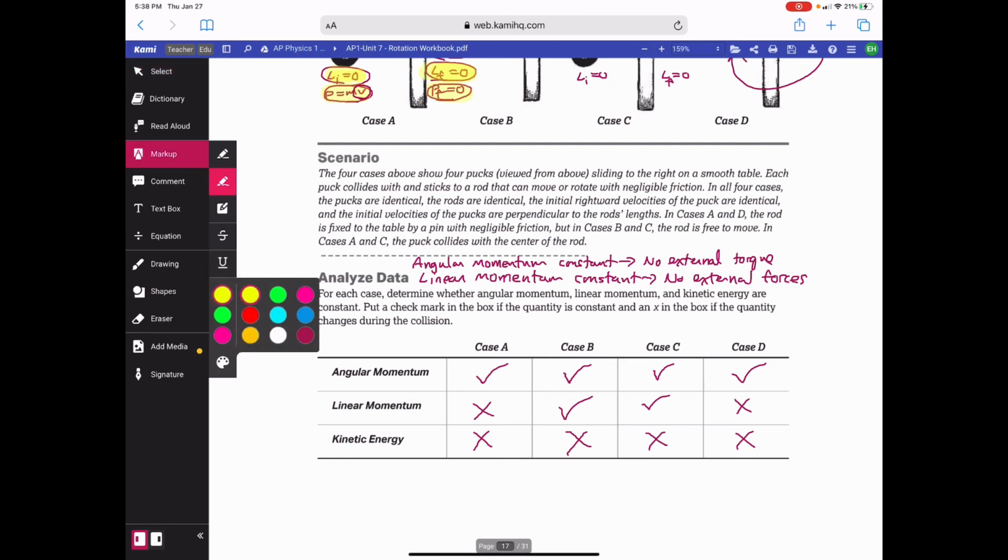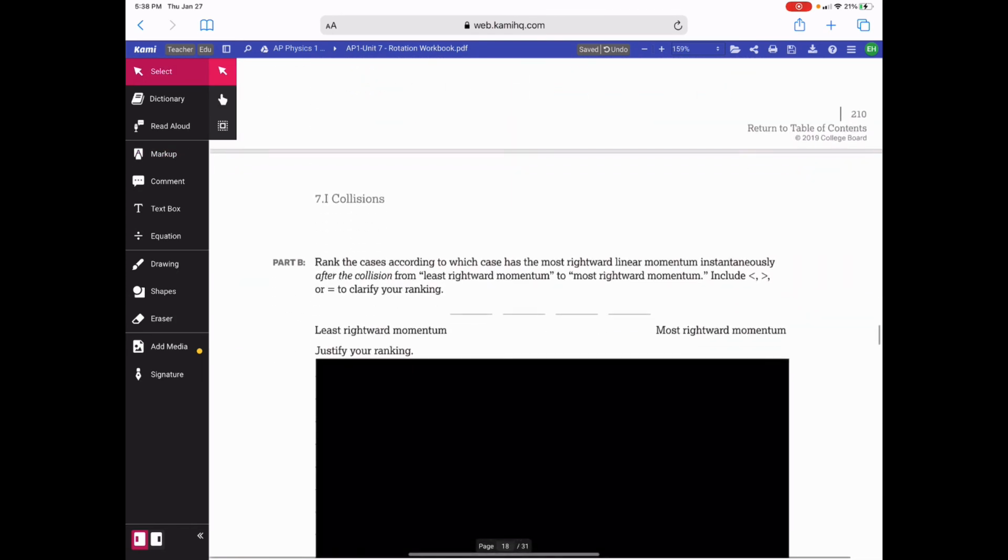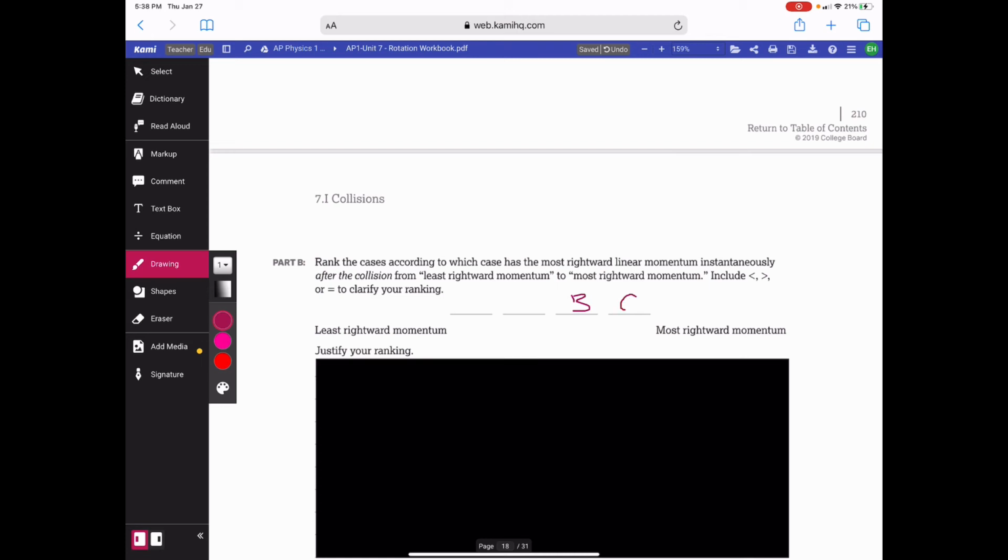So I'm going to start there. B and C have the most. Remember, you're ranking from least to greatest, right? So I'm going to put B and C here at the end. They have the most, and they both have the same. Therefore, I'm going to set them equal. Now, what has the least?